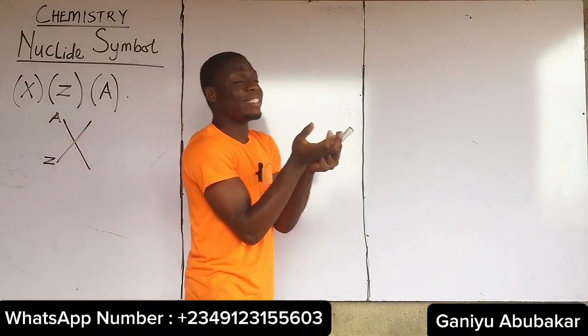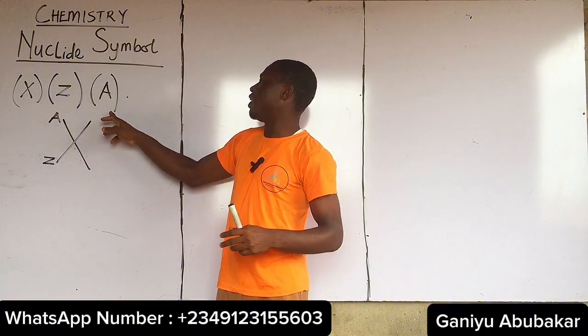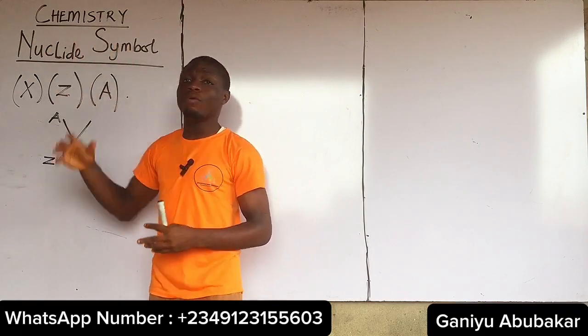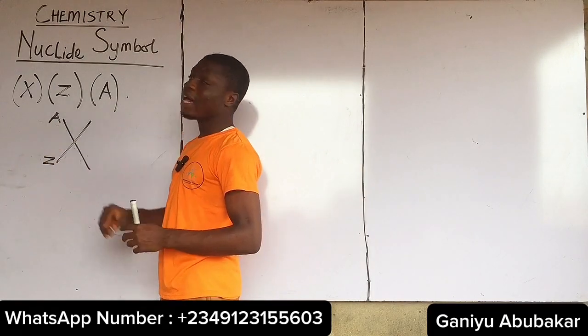If I give an element X, an atomic number Z and mass number A, this is how you write it in terms of nuclide symbol: element X, atomic number and the mass number.